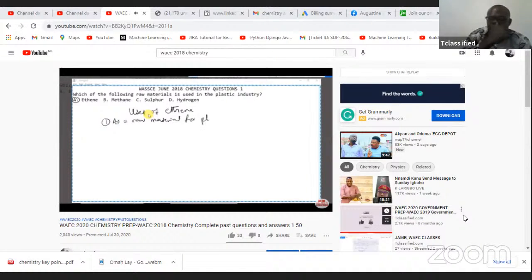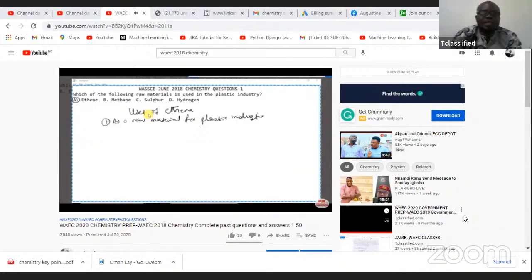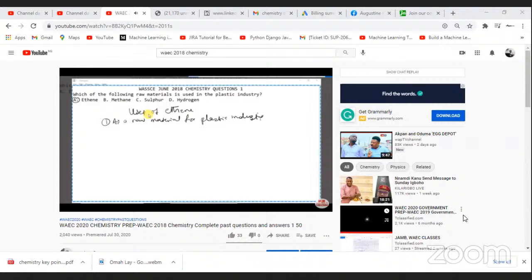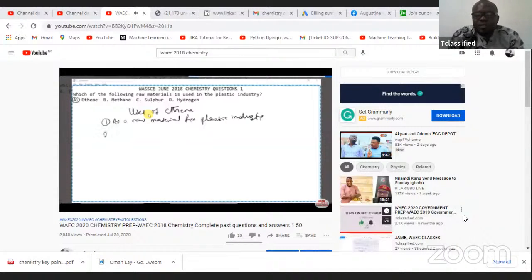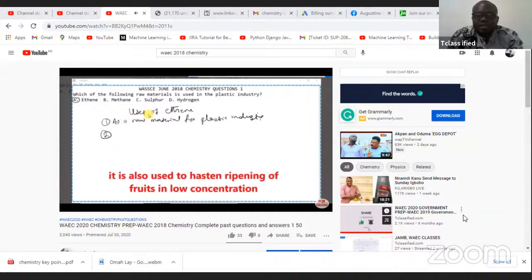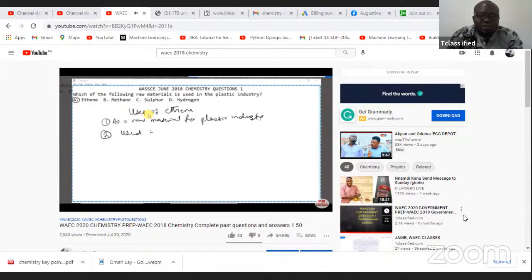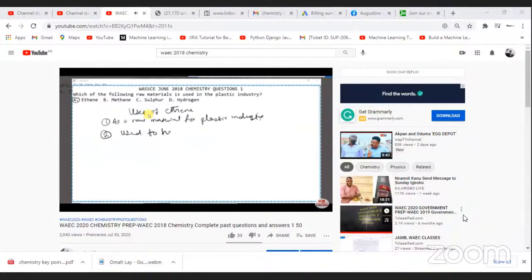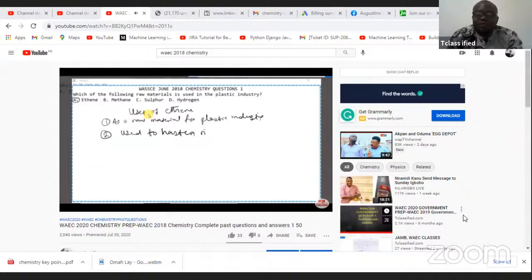This is actually the number one question. I want us to use this to read out the question so that you and I will be seeing the question while we answer. This number one question says, which of the following raw materials is used in the plastic industry? You can get this from the uses of ethane in organic chemistry.